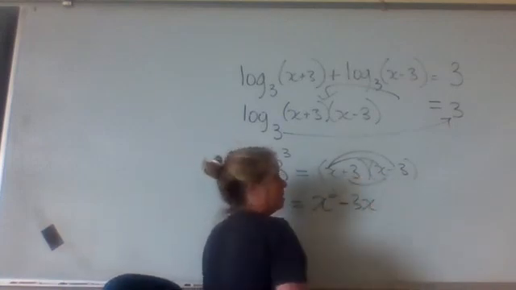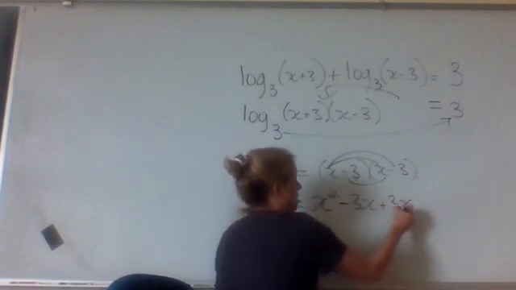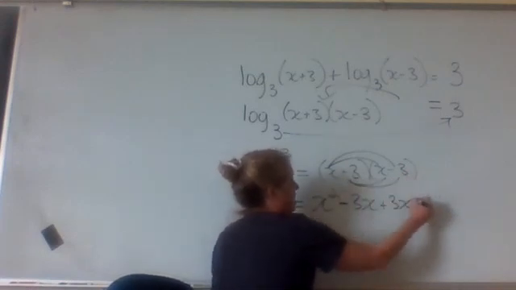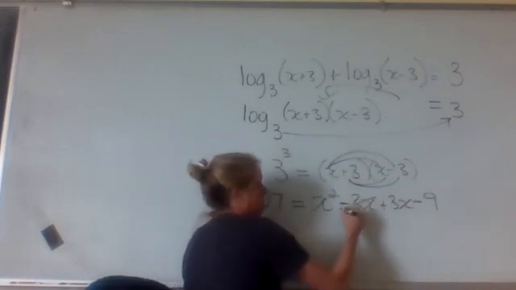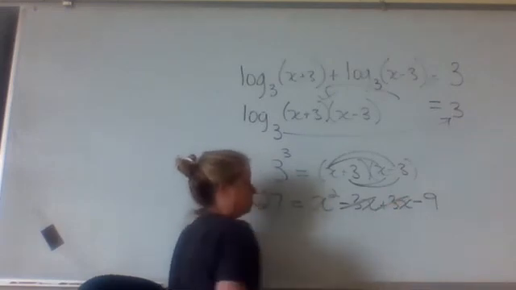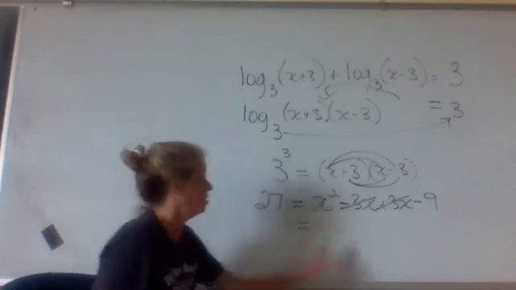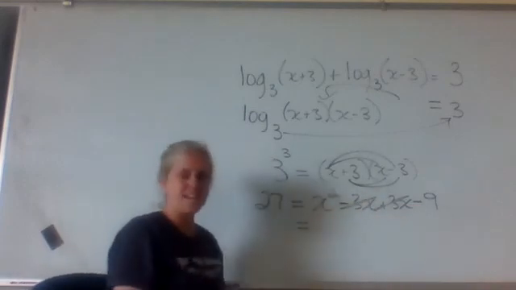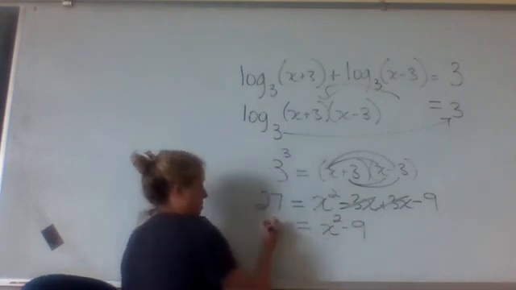My inside, positive 3x. And my last, positive 3 times -3 is -9. These middle 2 terms cancel, right? -3x plus 3x. So let's see, what do we have on the right now? x squared minus 9. Drop down my 27.